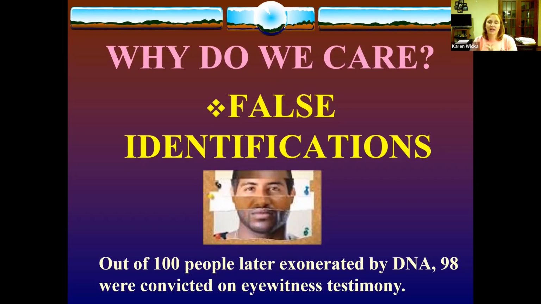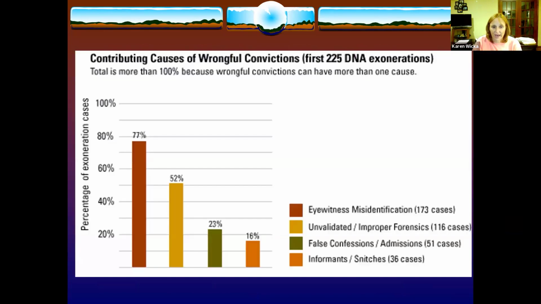So hopefully you're working on your wrongful conviction paper. And one of the things you need to be doing is thinking about these procedures. And a lot of times you may have a false identification as part of your faulty procedure. So keep an eye out for that. So this just shows you the different things that lead to false convictions.